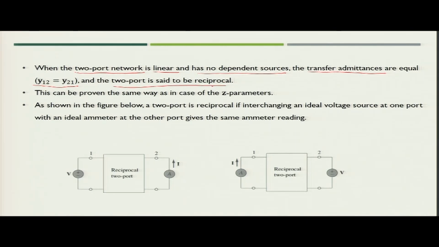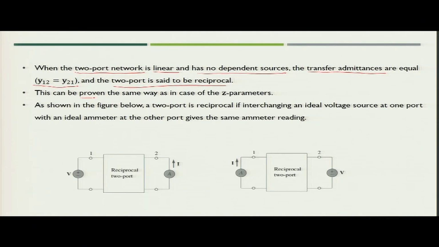This is similar to what we discussed in the case of Z parameters, where Z12 is equal to Z21, and if the circuit was linear and did not have any dependent source, it was reciprocal. So, you can correlate the reciprocity of the two port network with respect to Z as well as Y parameters.